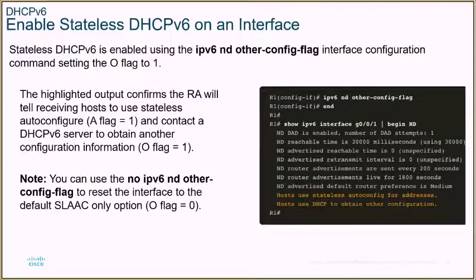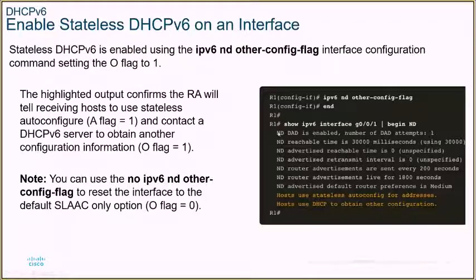The highlighted output confirms the RA will tell the receiving host to use stateless autoconfiguration, so the A flag is 1, and to contact the DHCP server for other information, which of course is the O flag. Note that you can use no ipv6 nd other-config-flag to reset the interface back to default.